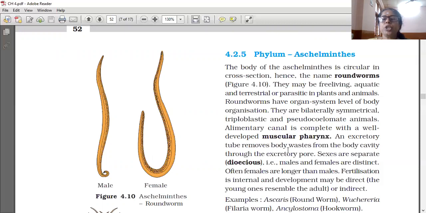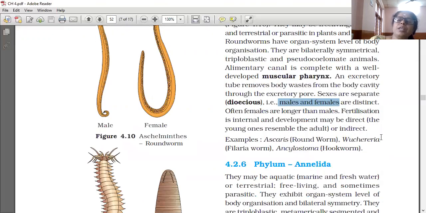An excretory tube removes body waste from the body cavity through the excretory pore. Sexes are separate, that is dioecious, males and females are distinct. Often females are longer than males. Fertilization is internal and development may be direct, the young ones resembling the adult, or indirect. Examples: Ascaris, Wuchereria and Ancylostoma.